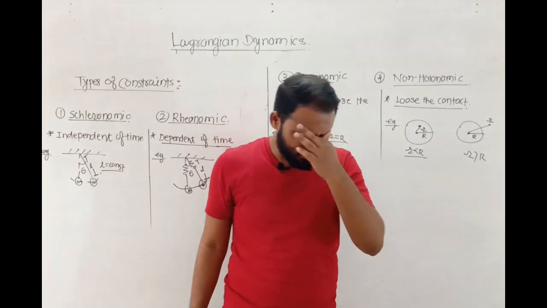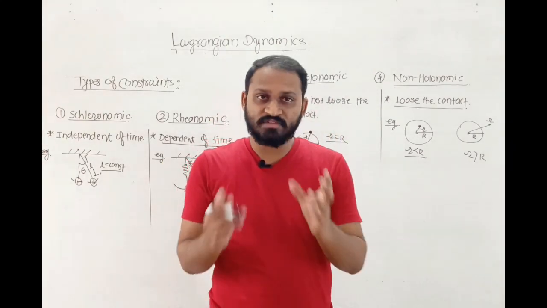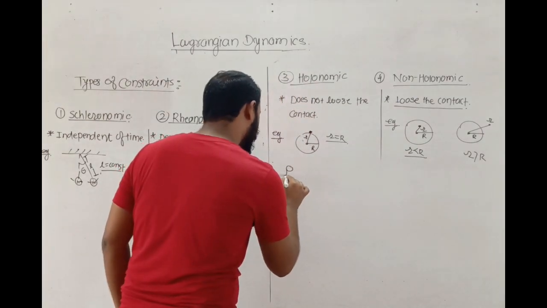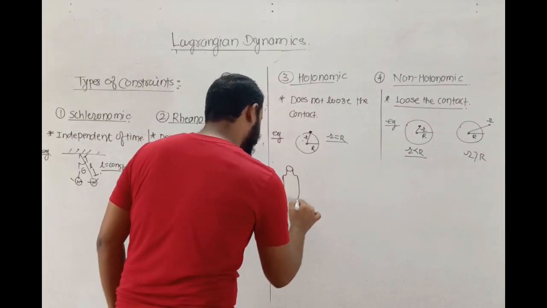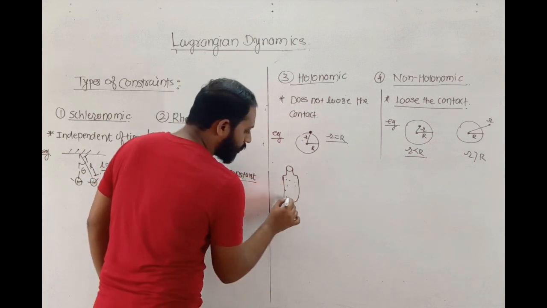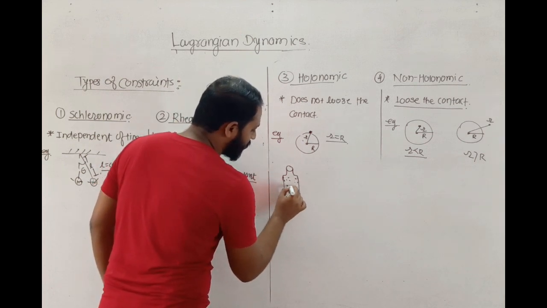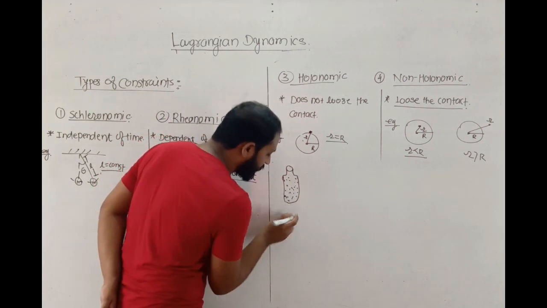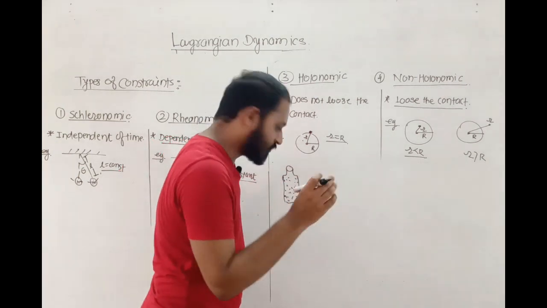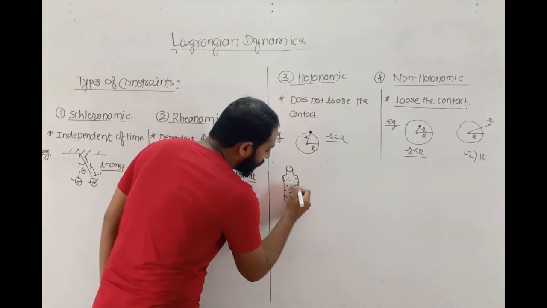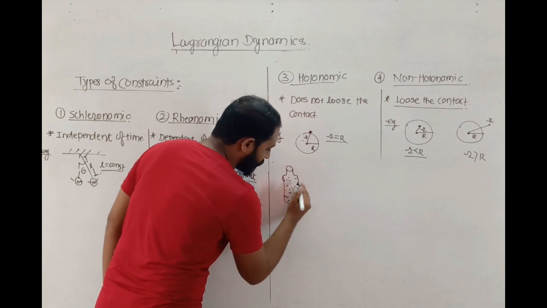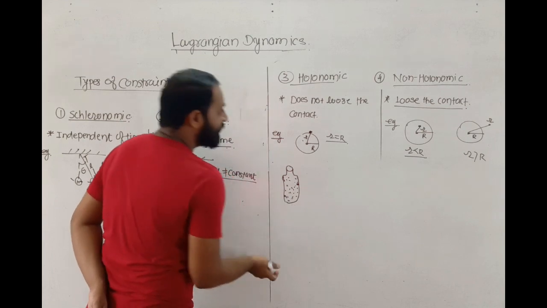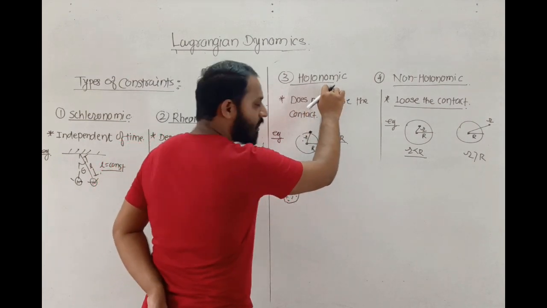तो देखिए और एक इसका एग्जांपल देख सकते हैं हम. If we consider a water bottle, there are a large number of water molecules, water particles there. Now see, if the particle is attached to the surface of the bottle, then the particle does not lose the contact, that type of constraint is holonomic.